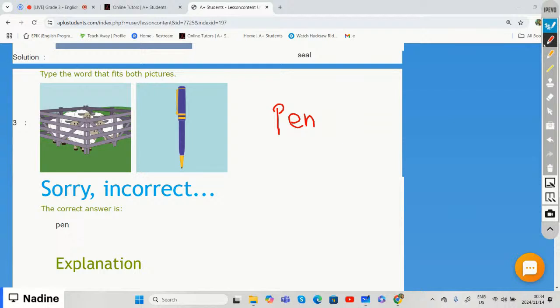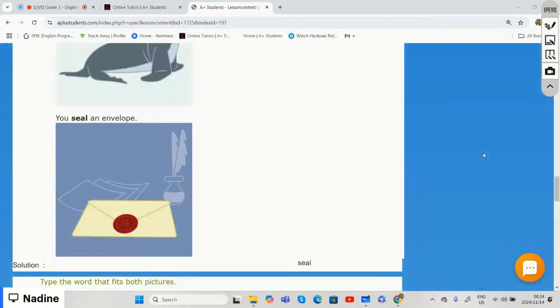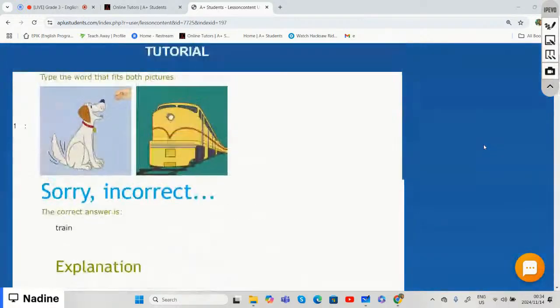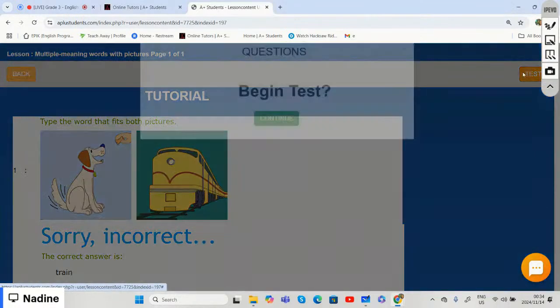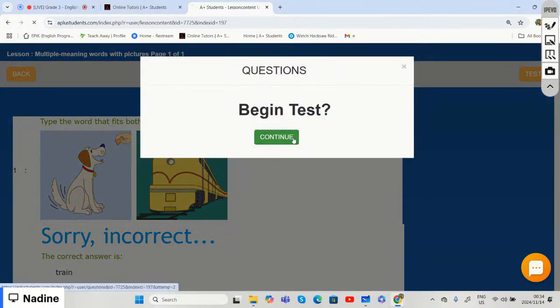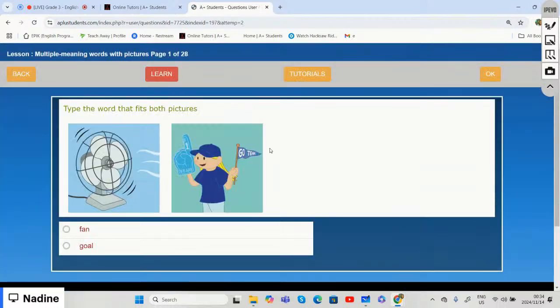All right, so now let's go to aplusstudents.ca, which we already are at, and we're going to do the test: multiple meaning words with pictures. We're going to look at the pictures and then choose the correct word that fits both pictures.